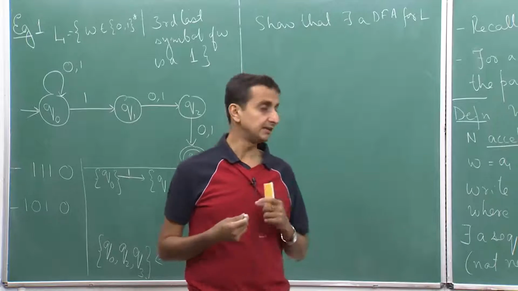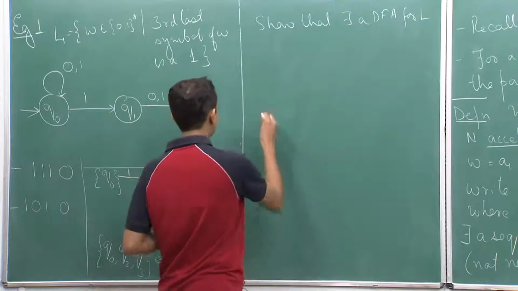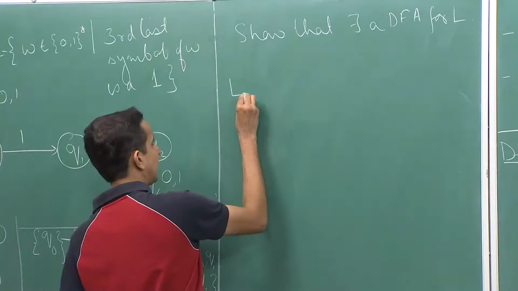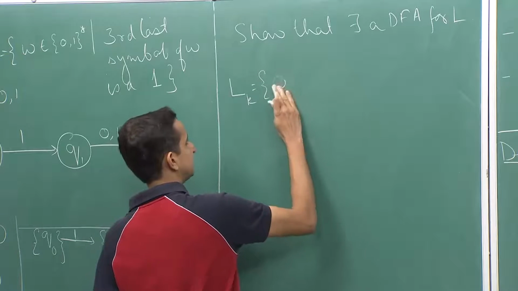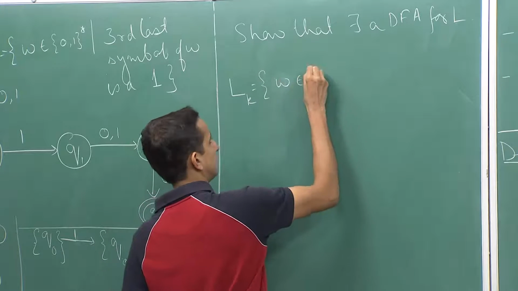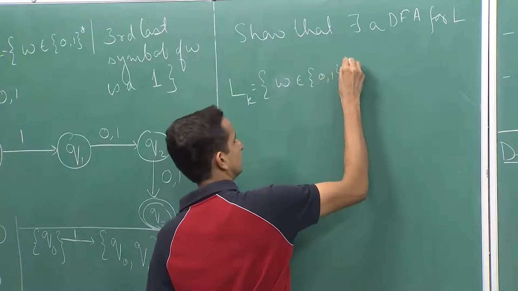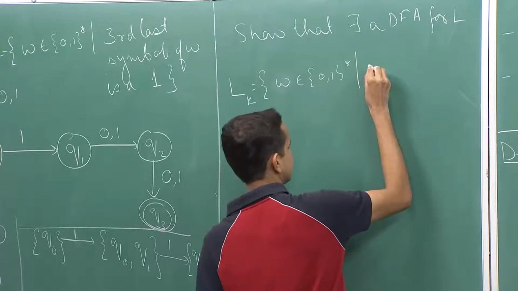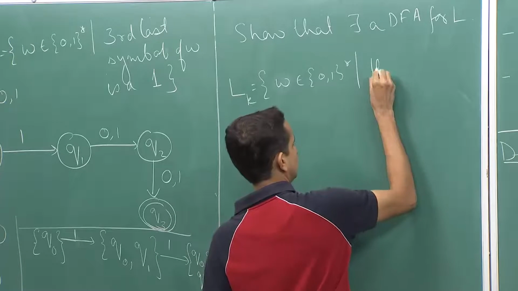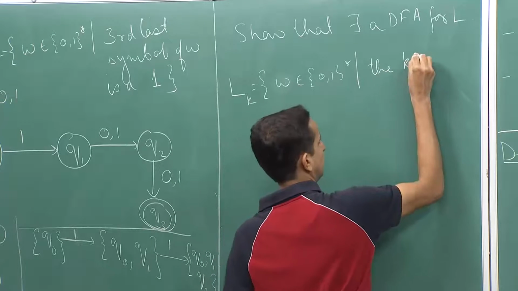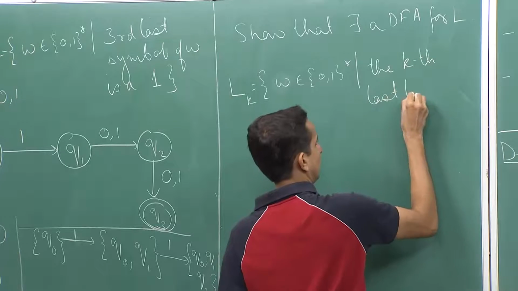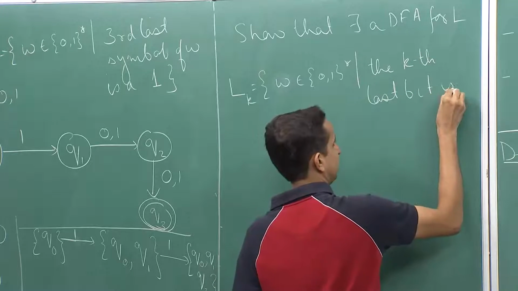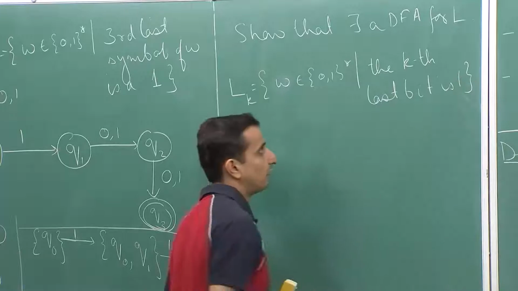In general, you can consider a language L_k, which is the set of all strings over 0, 1 such that the kth last bit is a 1.